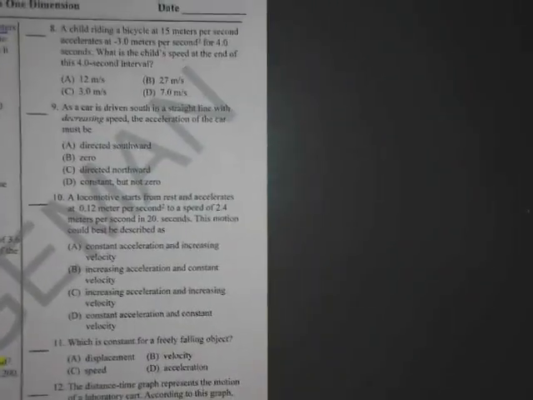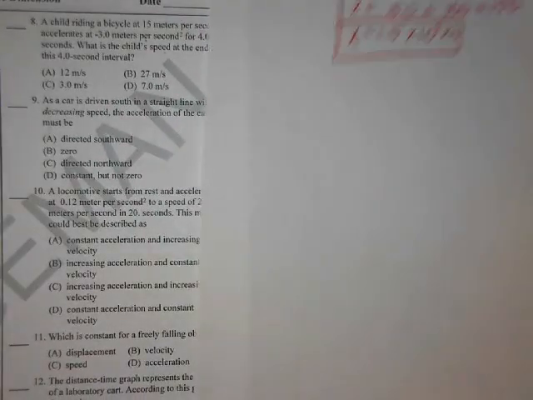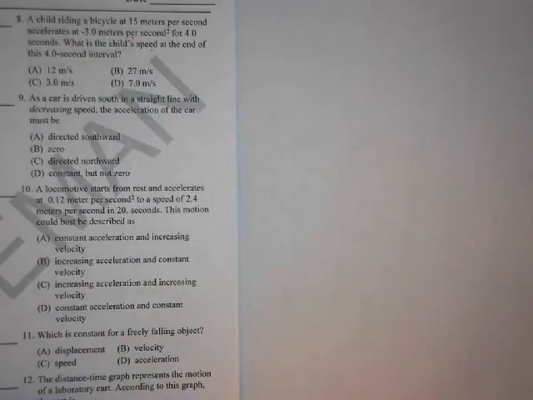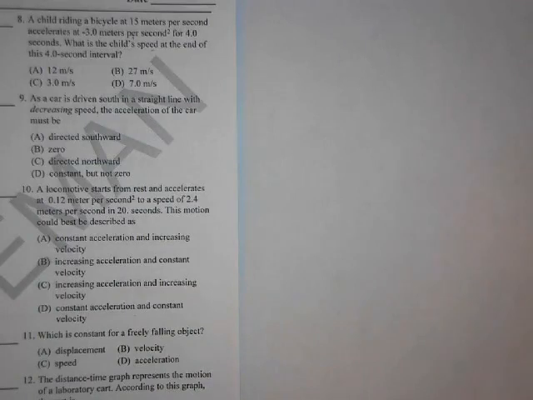All right, let's look at number 8. So number 8 says a child is riding a bicycle at 15 meters per second.